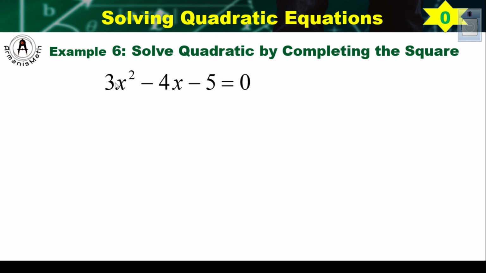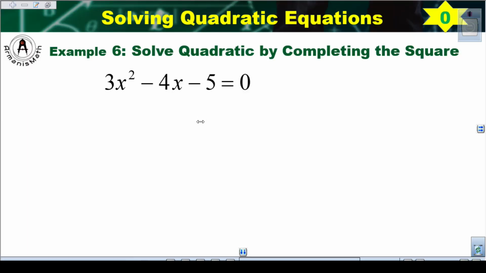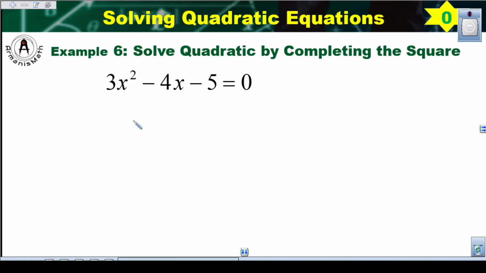Since it's not 1 here, you have to divide by the a. Divide this by a, divide this by a, and obviously divide this by a as well.